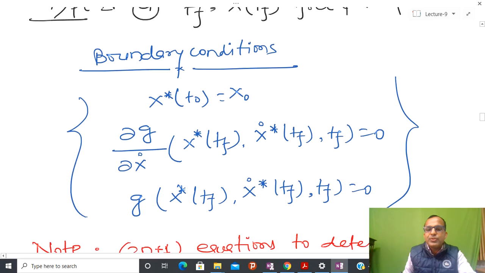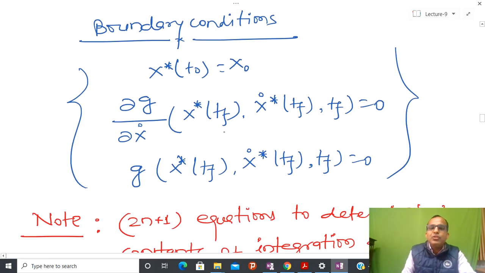And if you substitute that, then basically you will get these three sets of equations. This is due to the initial time when I started. At that time I am assuming that the initial state and initial time are known, and after that, since final TF and XF both are free, we have to solve these two equations.